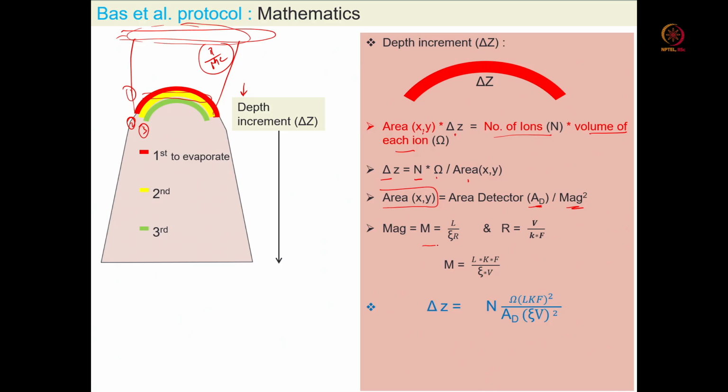You know that the magnification is given by L by xi r. R can be given by V by kf. So with this equation we can estimate the delta z, which we have also shown in the last class. Now one more variable has to be added, which is efficiency, because not all ions which are field evaporated are detected.